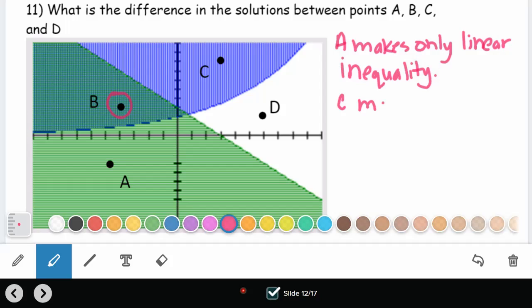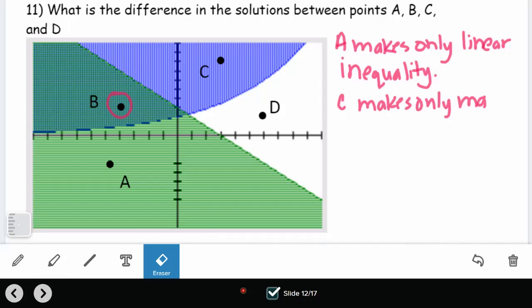C makes only the kind of bluish purplish one, which is the exponential one, true.